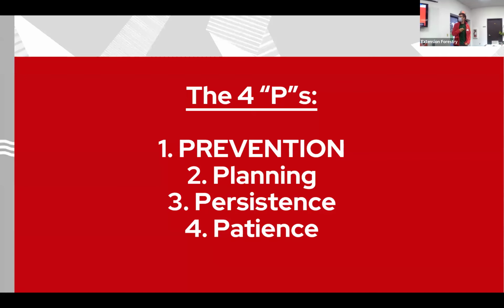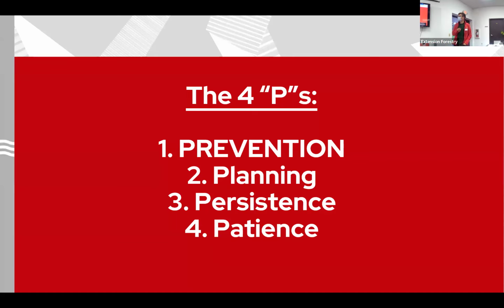Closing out here, if you're going to take anything away, I think some big things would be the 4 Ps: the importance of prevention, of doing some sort of planning before we tackle invasive plants. Then we also want to make sure that we are being persistent and patient with the process. So if we have larger populations of invasive plants, we just want to make sure that we're following those 4 Ps.